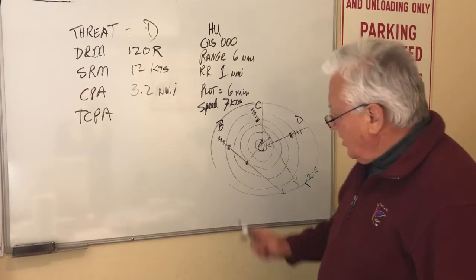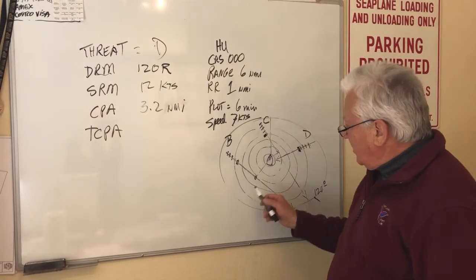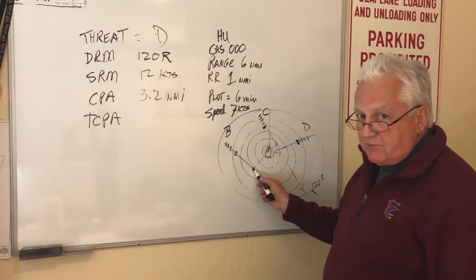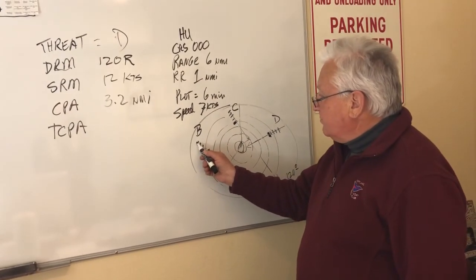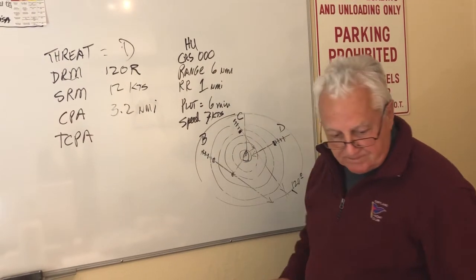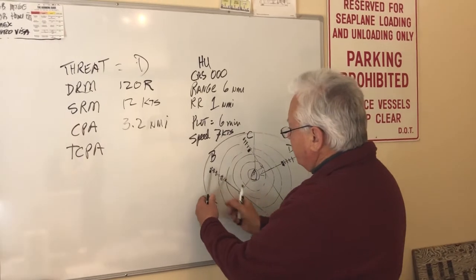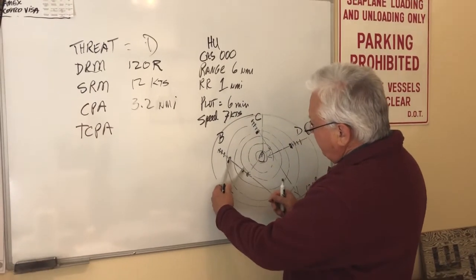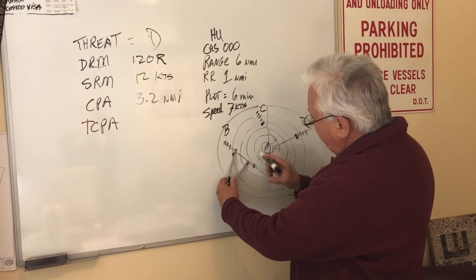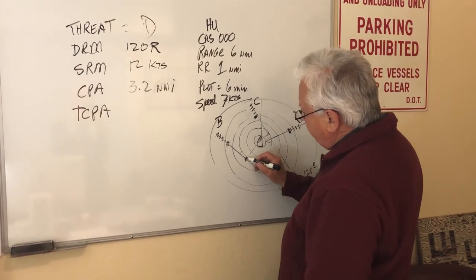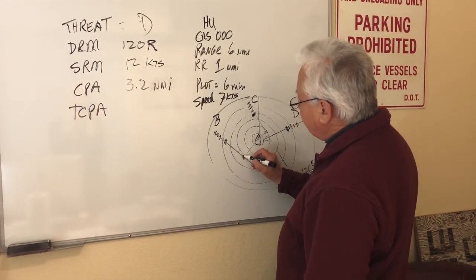We want to know what time on our clock will target B be at closest point of approach. So in 6 minutes, it's gone from here to here. We'll just check that out here. In another 6 minutes, it'll be here. And so there's 6 minutes from now. And that's about 3 more minutes, so 9 minutes from now.